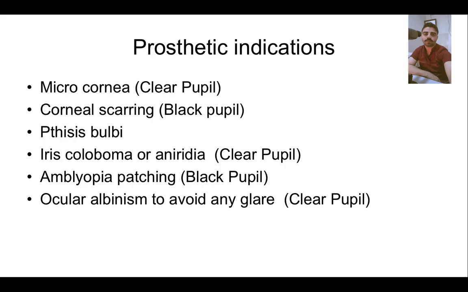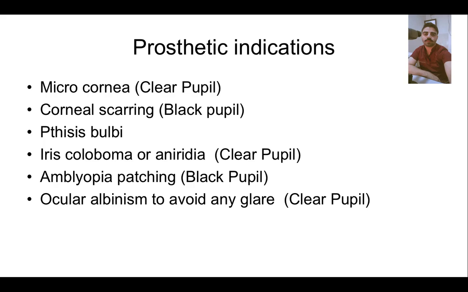Black pupil is something we normally prescribe to a patient who just wants the cosmetic appearance of the eye, but we are not going to provide any sort of visual improvement. Black pupil means the complete area of the lens is painted, either its center or its periphery.